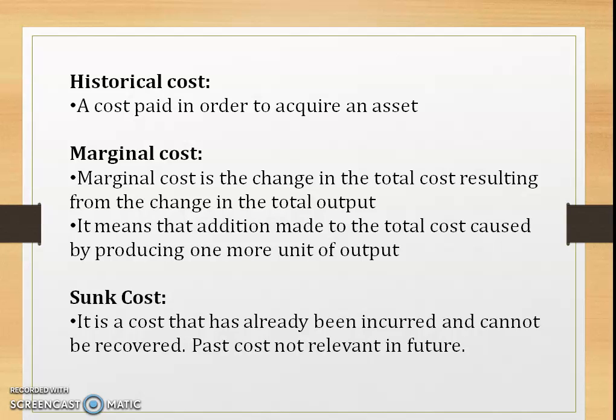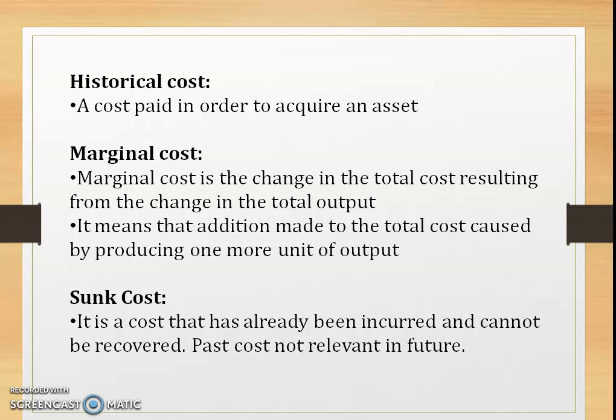Okay. Let's see the next cost, which is sunk cost. It is a cost that has already been incurred and cannot be recovered. The producer would have spent some money in his firm, but that cannot be recovered in the future.